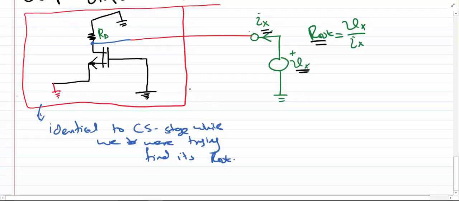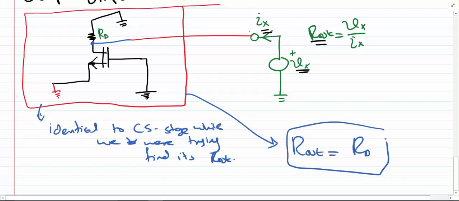So therefore the Rout for this circuit, even if you evaluate it, is going to be equal to RD. So we don't have to do the maths again because it's already been done by us in the past when we were trying to find the output impedance of the common source stage.